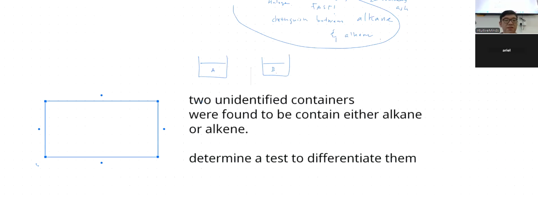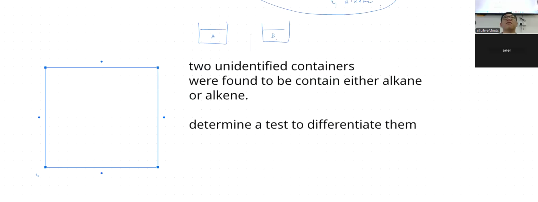It will decolorize bromine almost immediately, while the other container with alkane will decolorize much slower.